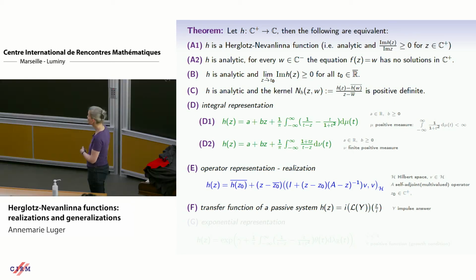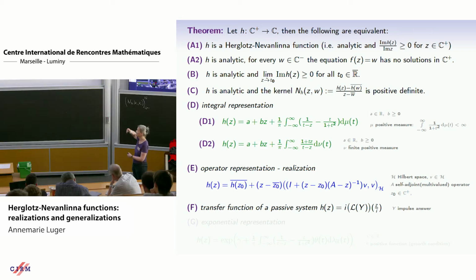It appeared in the first talk, where additionally a reality of the system was assumed. Then the function would be symmetric, as it was in the first talk. But if you drop this reality, then you will get all the Herglotz-Nevanlinna functions.